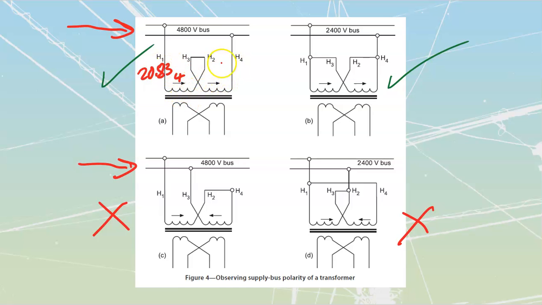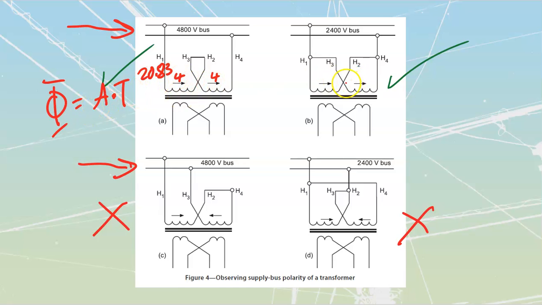Plus I'm going to get the same 20.83 that's going to go through another 4 turns over here, which means that the total amount of flux, phi, is equal to my ampere turns, right? So if I've got 20.83 amps times 8 turns, that's going to give me a certain value. I'm not sure what it is. It's going to end up around 170-ish or something like that. But we end up with a proper full amount of flux.